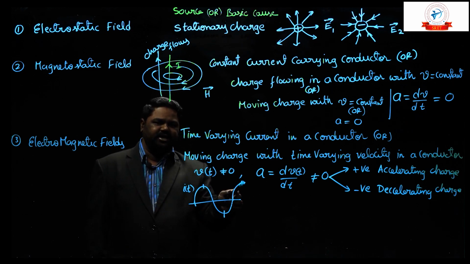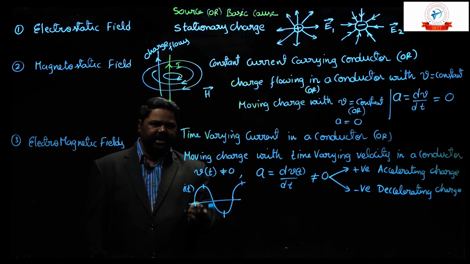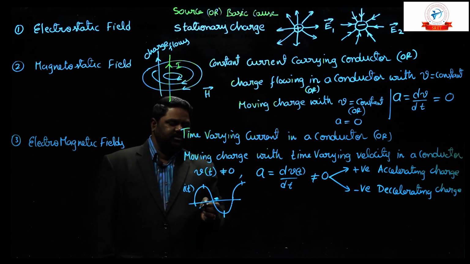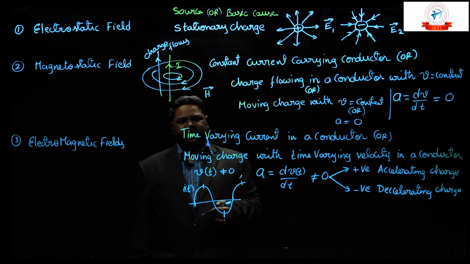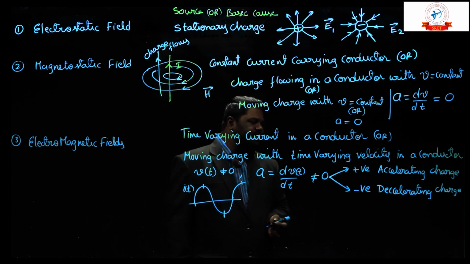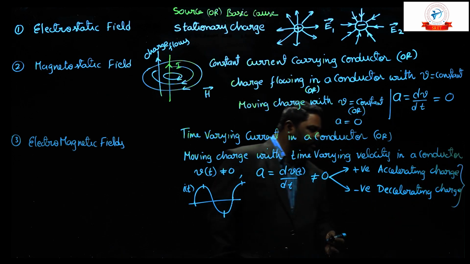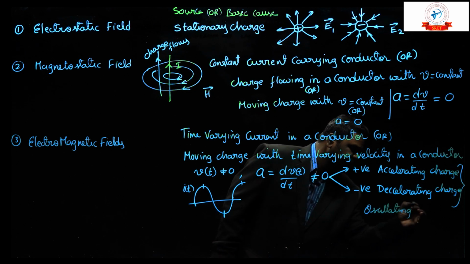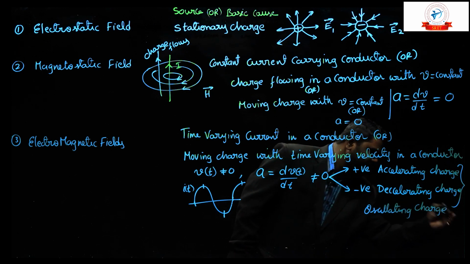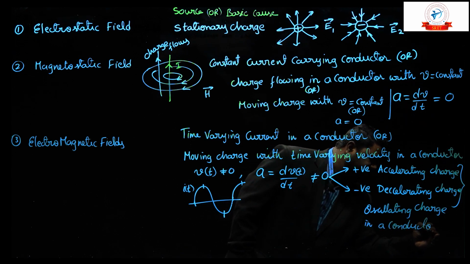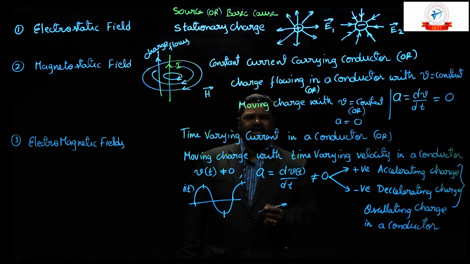Here, repeatedly the charge is accelerating, decelerating, accelerating, decelerating, and so on. When this process is repeated continuously, the charge is accelerating and decelerating periodically, and it is called an oscillating charge. An oscillating charge in a conductor can produce electromagnetic fields or electromagnetic radiation.